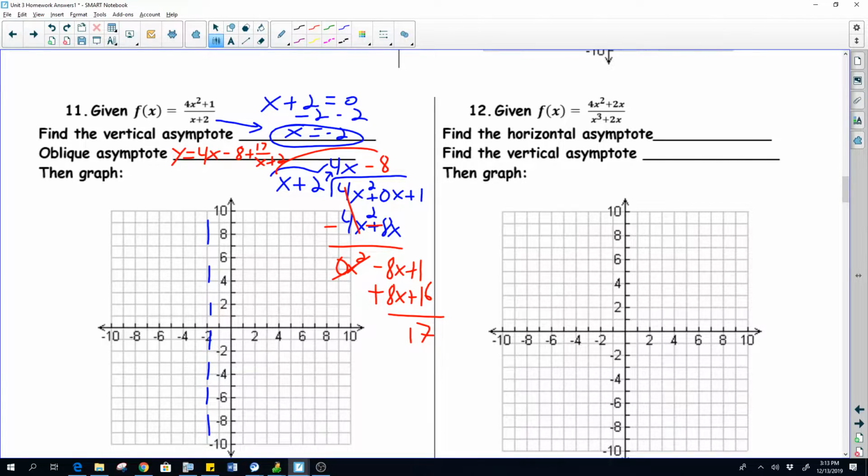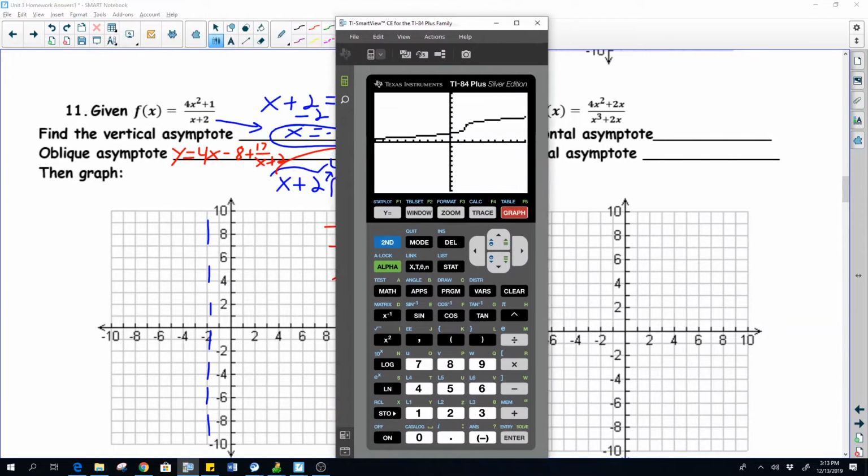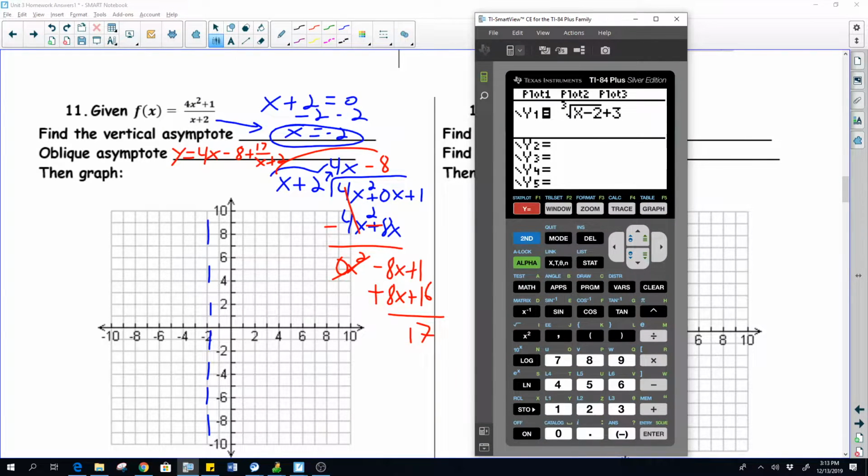That'll be our graph. Let's see if all this even works. We're going to go to y equals 4x over x plus 2.